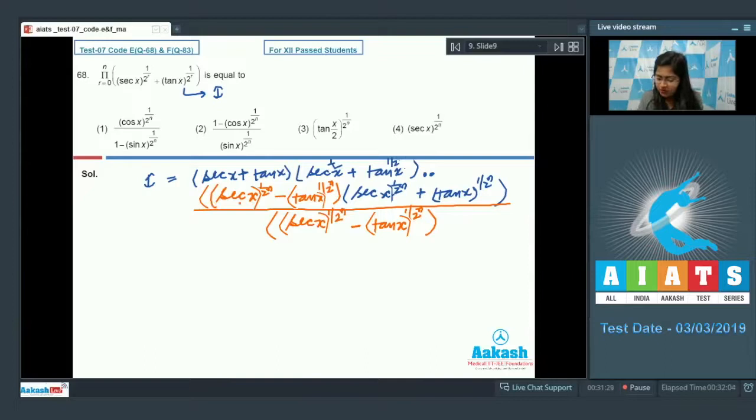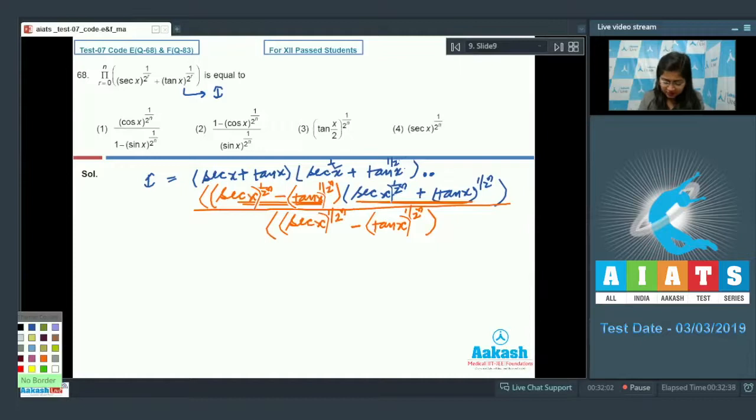Now, here it can be observed that this term and this term, when they will be multiplied, that is a plus b into a minus b, it will give me a square minus b square. That is secant x raised to the power 1 upon 2 raised to the power n minus 1 minus tan x raised to the power 1 upon 2 raised to the power n minus 1. Similarly, that term will be multiplied with the previous term and so on if I repeat this up to n terms.